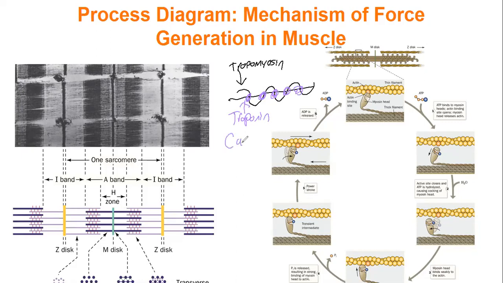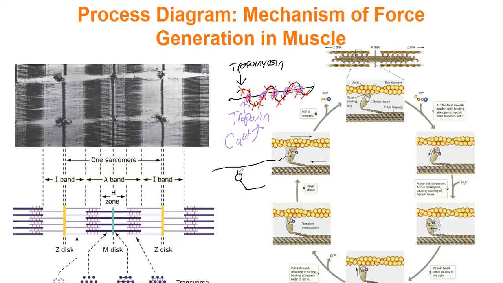What happens is that calcium binds troponin. Once that happens, troponin falls off. Once troponin falls off, tropomyosin falls off. And we're left with just our actin, which our myosin can bind to.